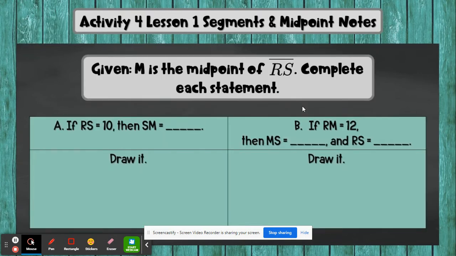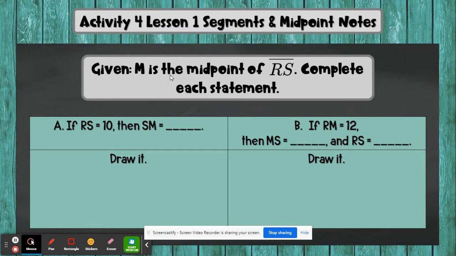So this next part. So we have a midpoint. It says if RS equals 10, and up above it says given M is the midpoint of RS. So I have a line that's RS and M is right in the middle. Okay. It says RS is 10.